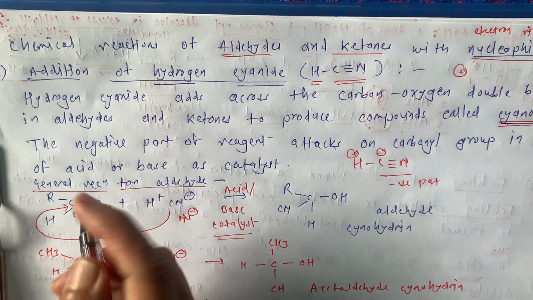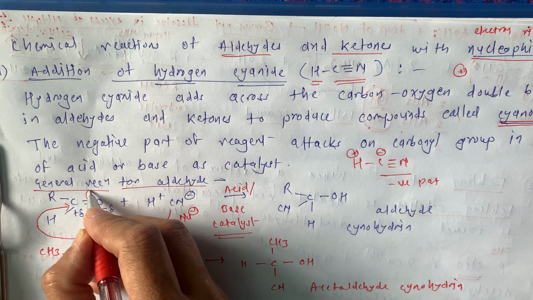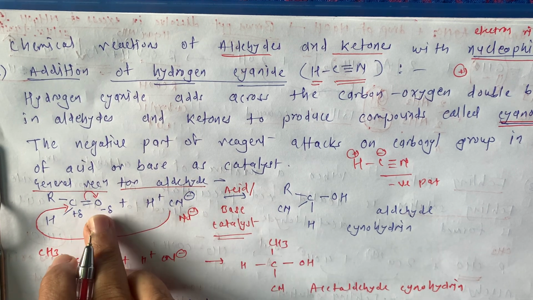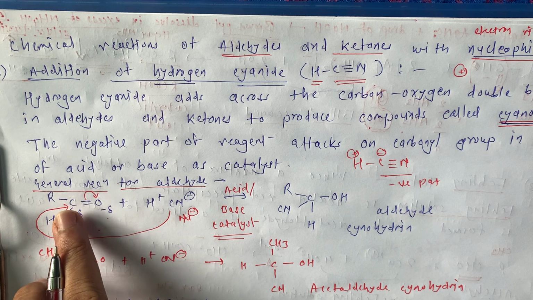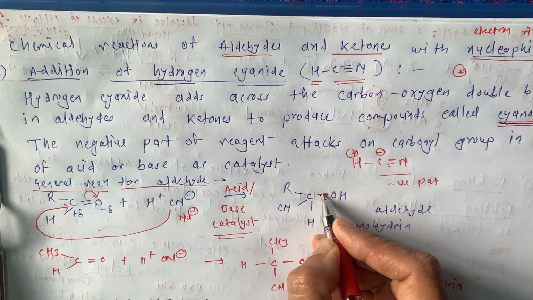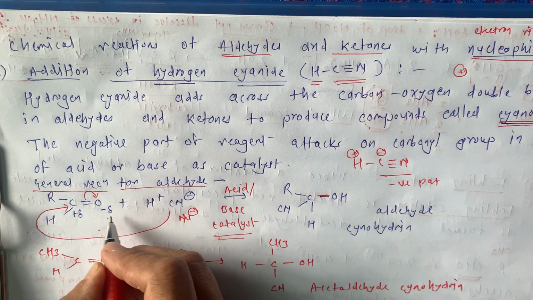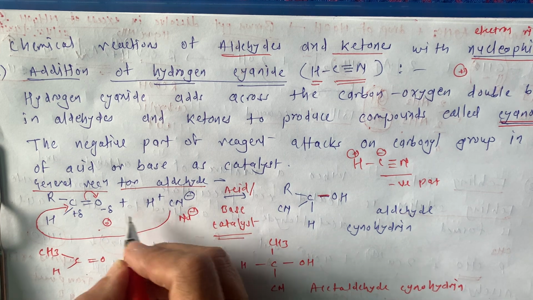So what is going to happen? When it attacks on this carbonyl carbon, the double bond electrons go to this oxygen. So this C double bond O is converted into single bond like this. Now this has negative charge and we have here positive charge.